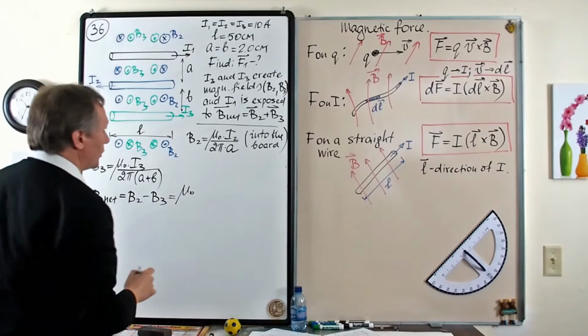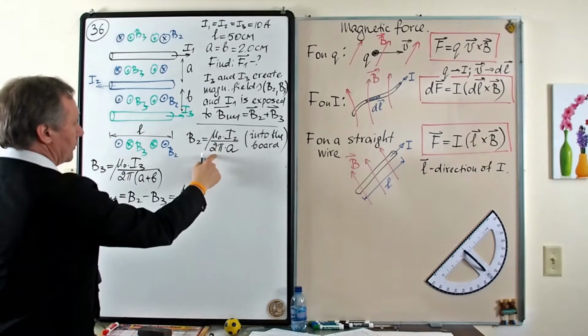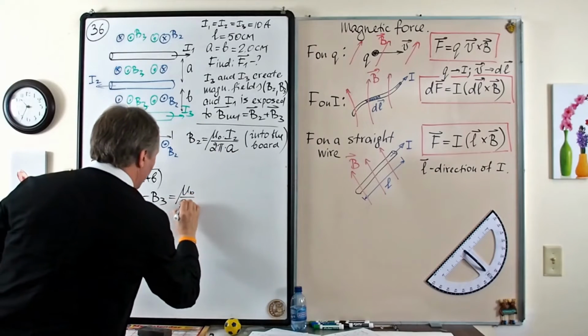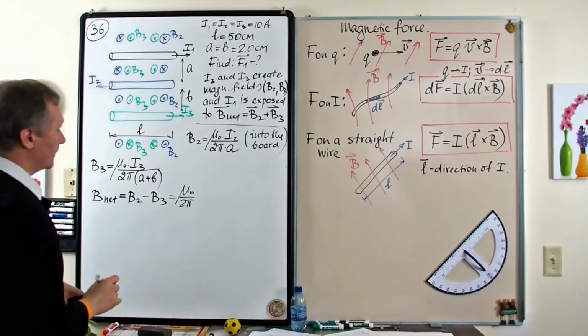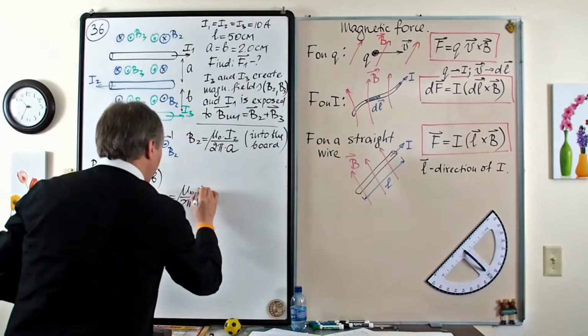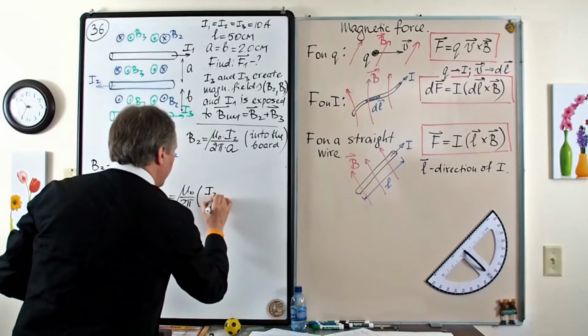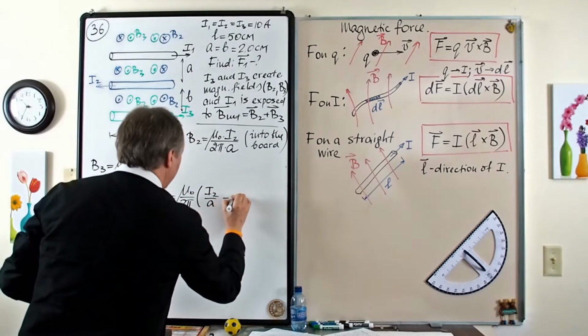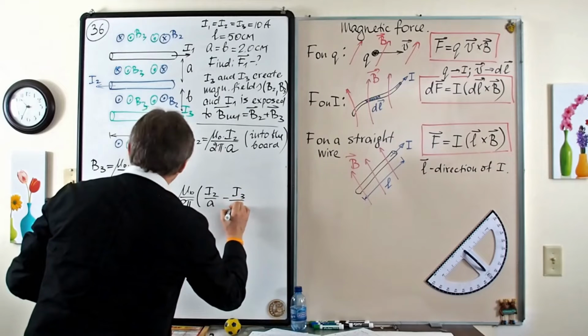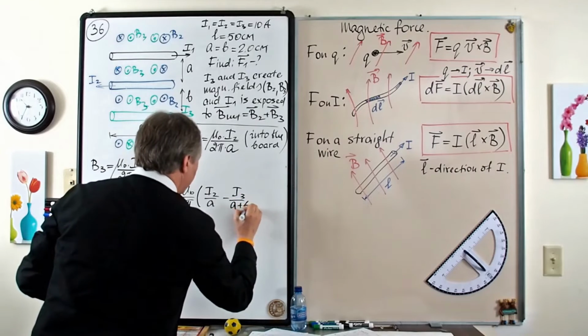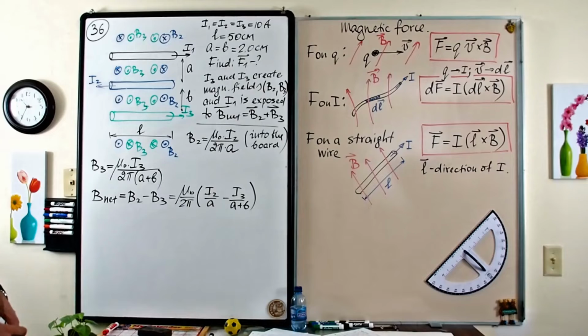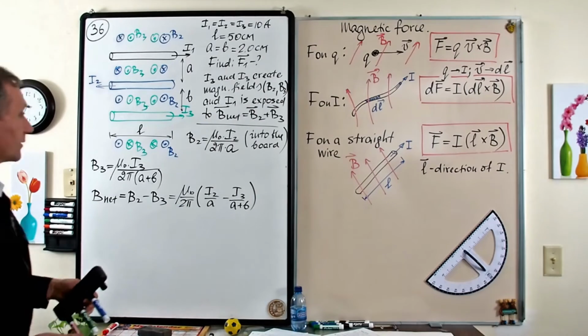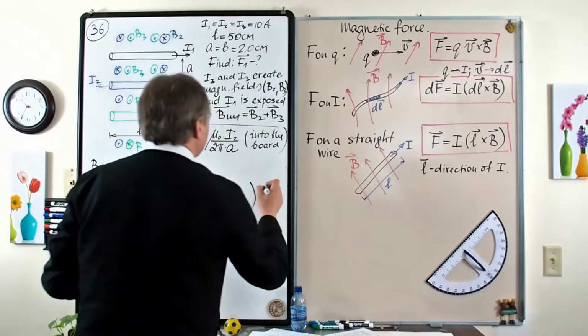Mu naught, I can factor out mu naught over 2 pi immediately, right? And what will be left in the brackets? I2 over A minus I3 over A plus B, right? So that's the net strength of the net magnetic field, and direction is into the board.